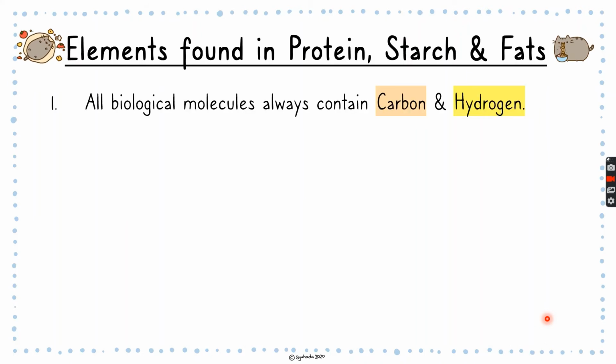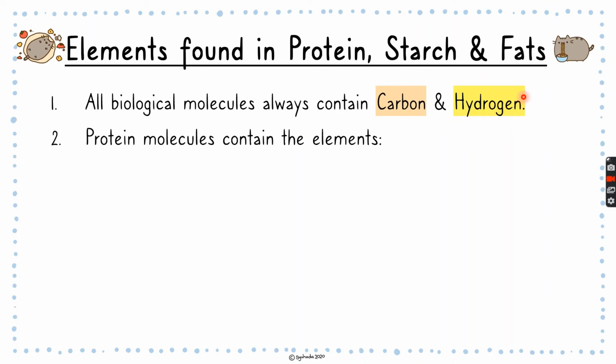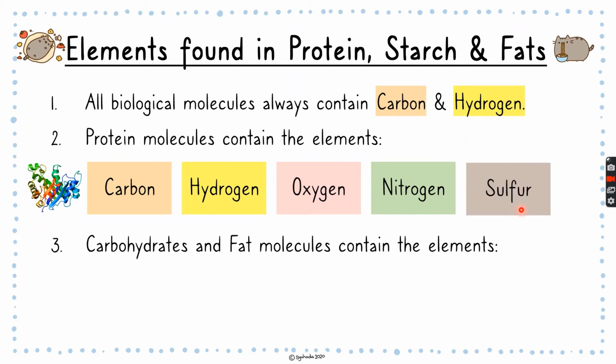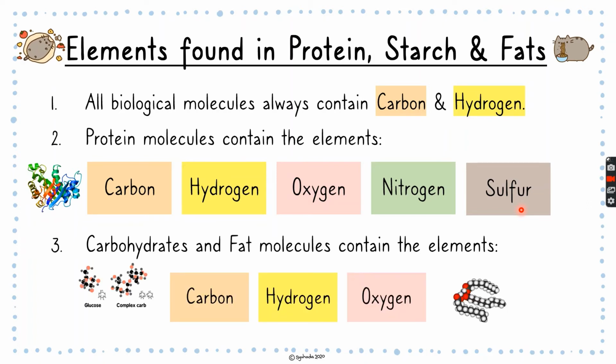So all biological molecules always contain carbon and hydrogen. Protein molecules contain these elements, CHO and also N and S. N here stands for nitrogen and S for sulfur, whereas carbohydrates and fat contain C, H, and O.